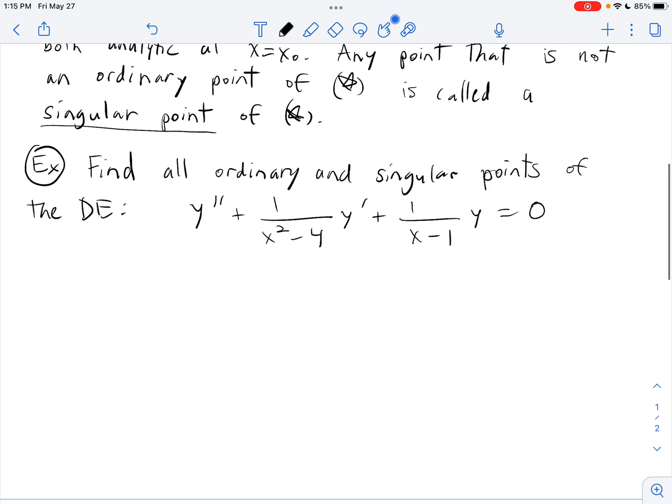So in order for us to do this, all we have to do is figure out where p of x and q of x are analytic.